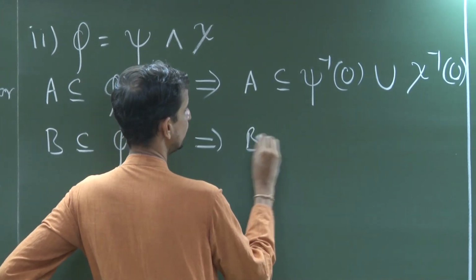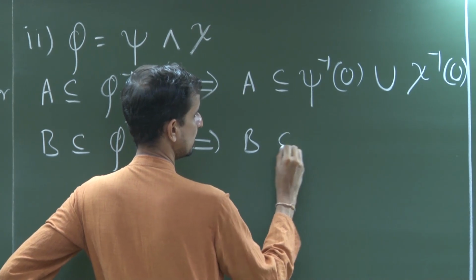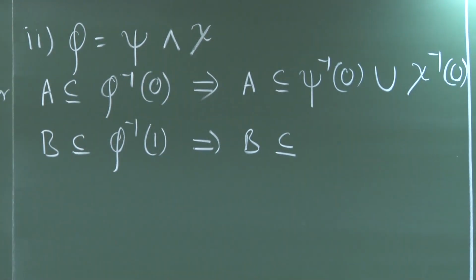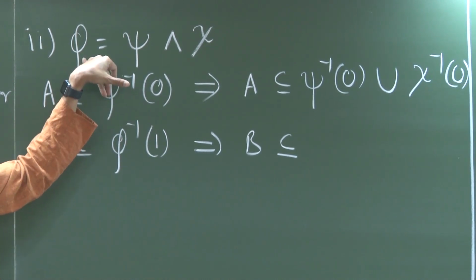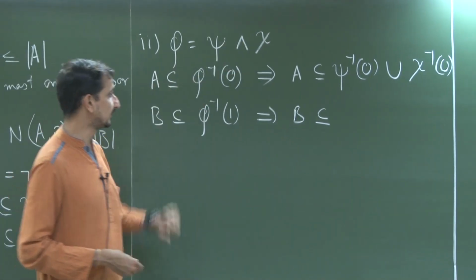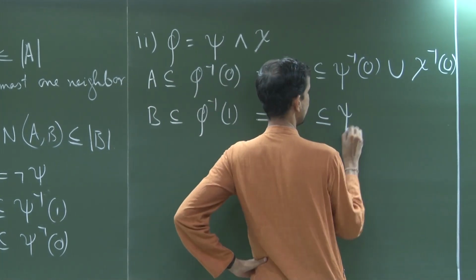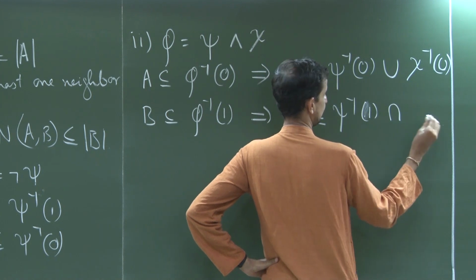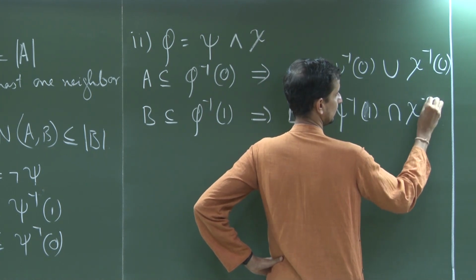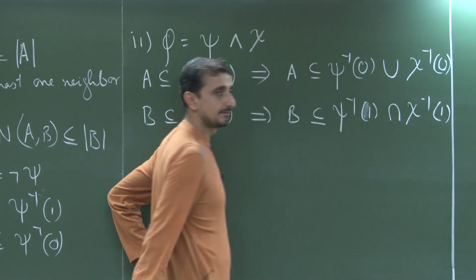Okay. Now, if I take B which is a subset of phi inverse 1, what can I say about B over here? So, when is an input mapped to 1? If both of them are 1, right. So, it will be psi inverse 1 intersection with chi inverse 1.